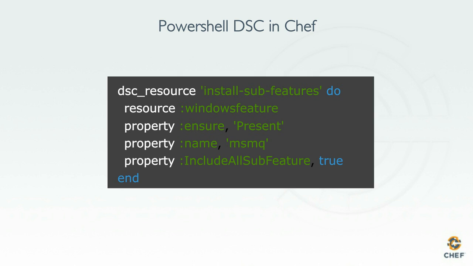So using the DSC resource within the Chef DSL, it's very easy to map your DSC into this Chef resource. So if you have already made that investment in DSC, the amount of effort involved to bring that into Chef and make it part of your Chef automated workflow, whether it's continuous compliance or not, is very easy indeed.